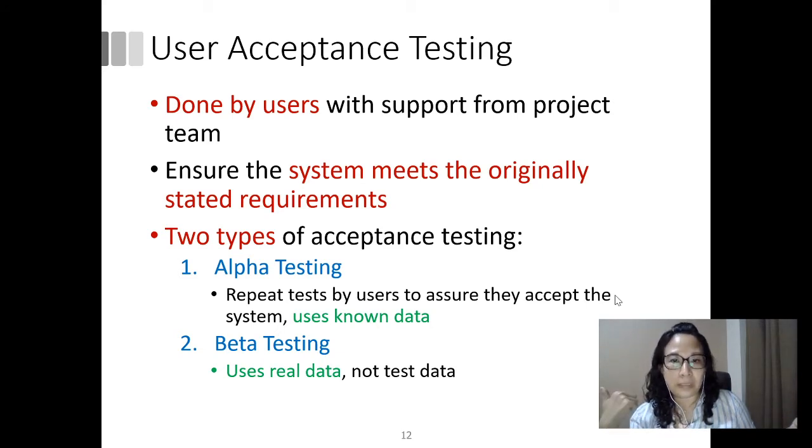The first one is alpha testing. It means that the user will be in our project site, and the user will test based on our script. Okay, so we give the user the test script, and then the user will test based on that script.